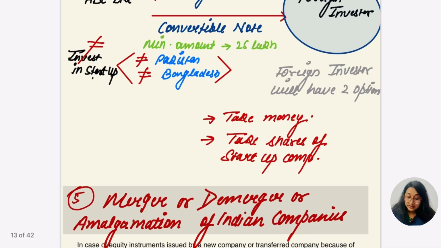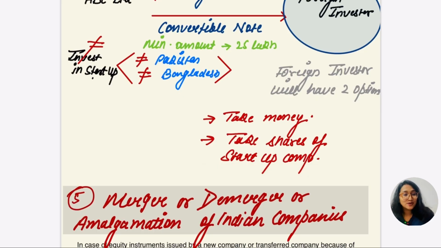Number one, to take the money back. Whatever money you have given, either with the interest for sure, because somebody has lent us money, so we have to pay it back with interest. Second, to take shares of the startup company.